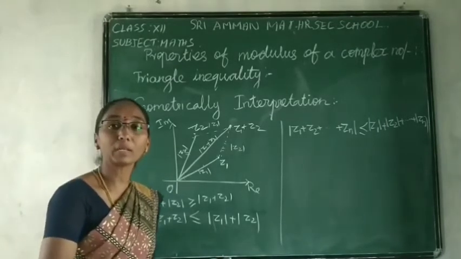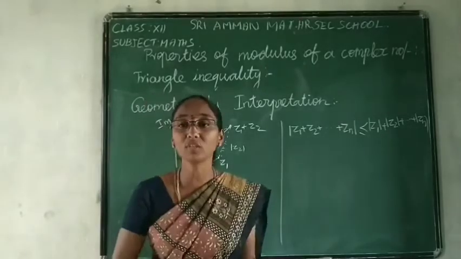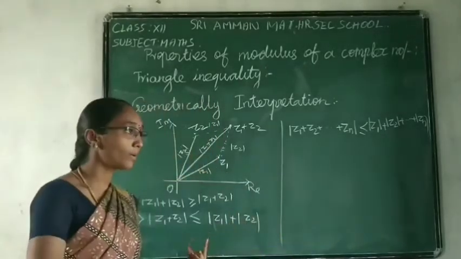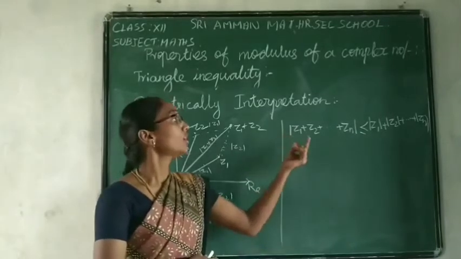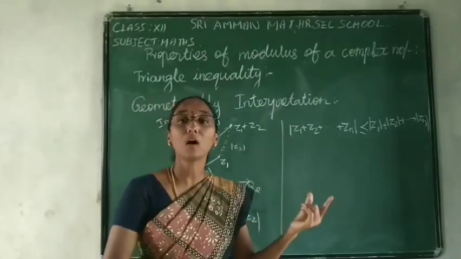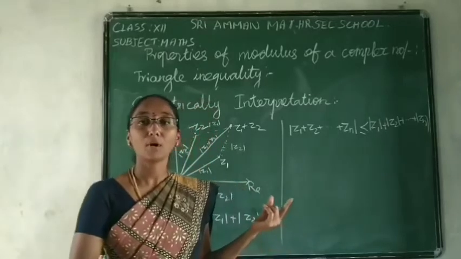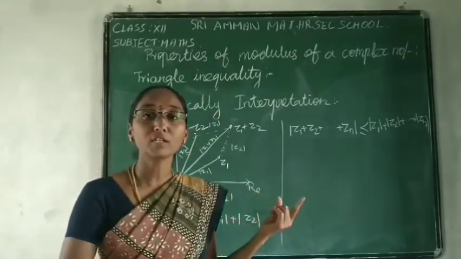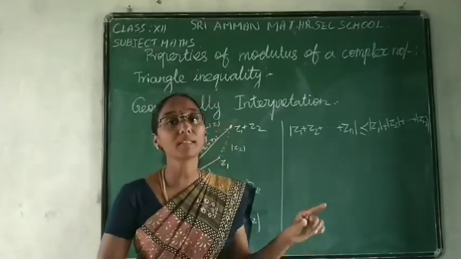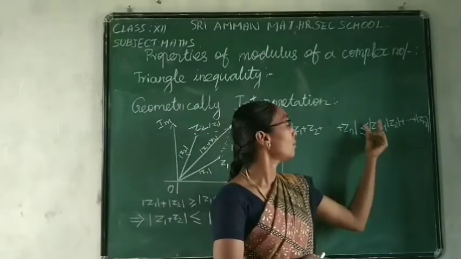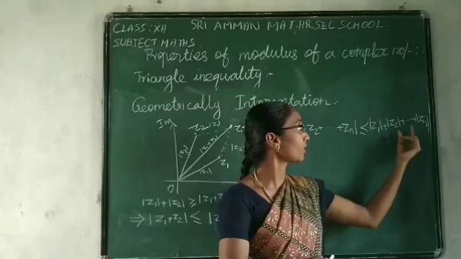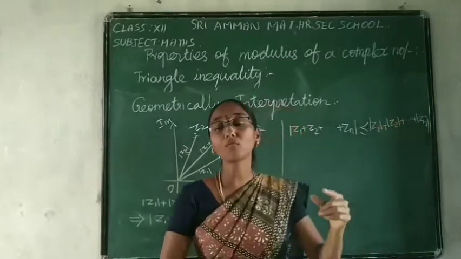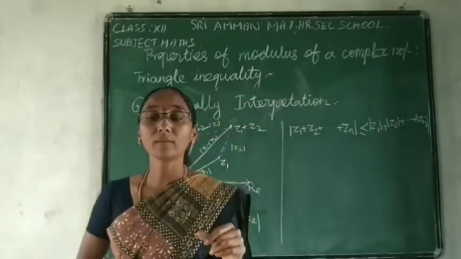By using mathematical induction, we have to prove the addition of two complex numbers in this place. Now we have to prove the addition of n complex numbers. Modulus of the addition of n complex numbers is less than or equal to modulus of Z1 plus modulus of Z2 etc. plus modulus of Zn.